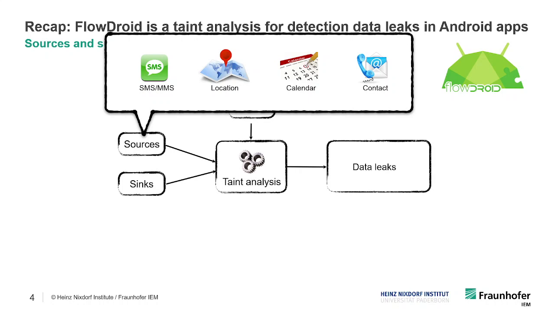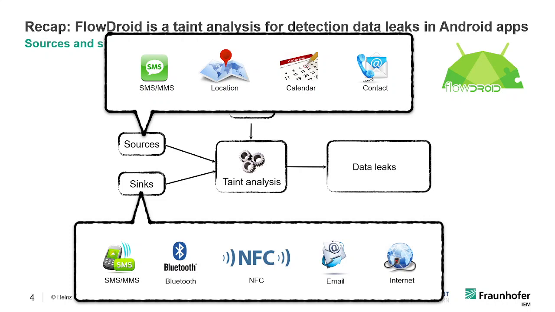So, examples here you see for sources are any API calls from the Android framework that can get access to content of the SMS or location or calendar information or contacts. Sinks are typical examples here, as you see, like sending SMS messages or sending any information over Bluetooth or NFC, or sending a message over email, or any connection to an internet socket.